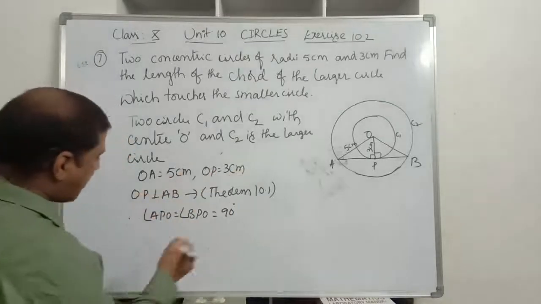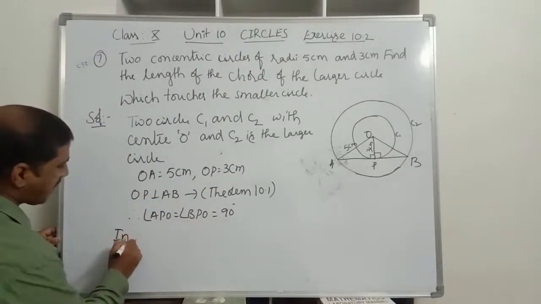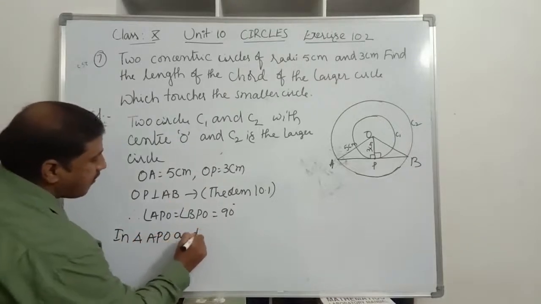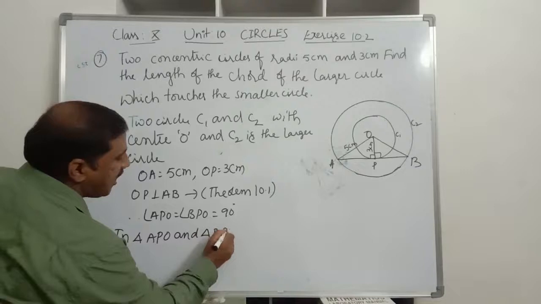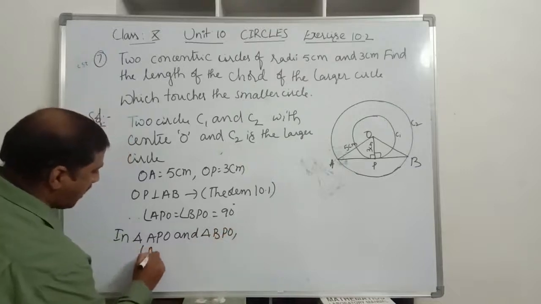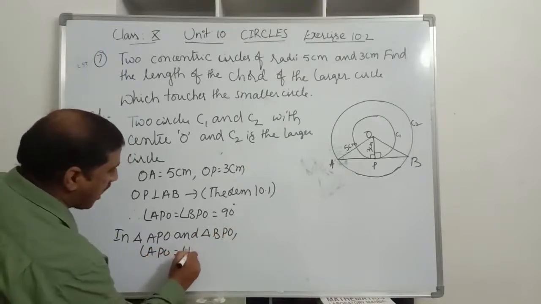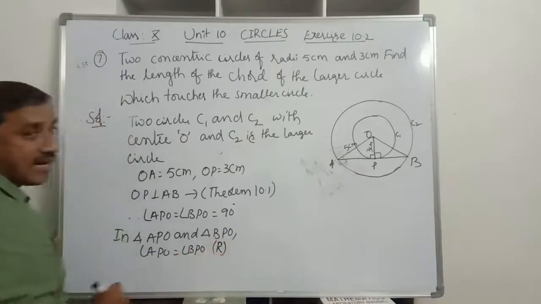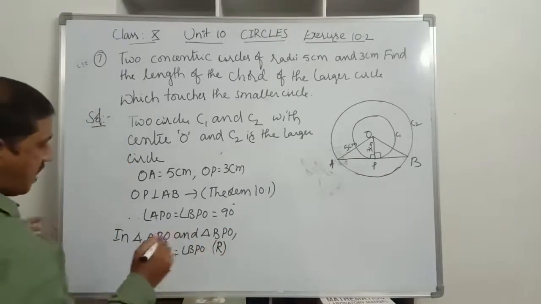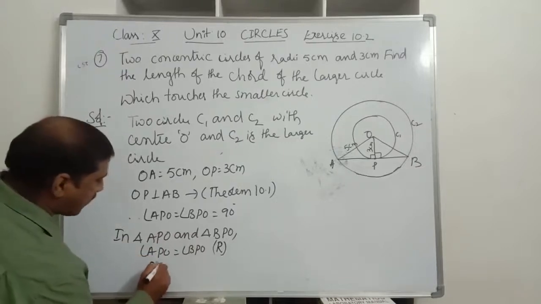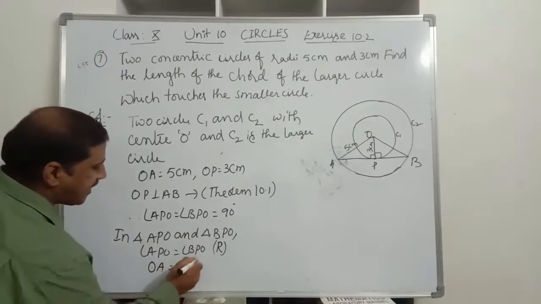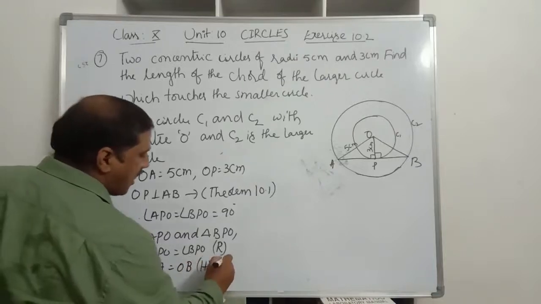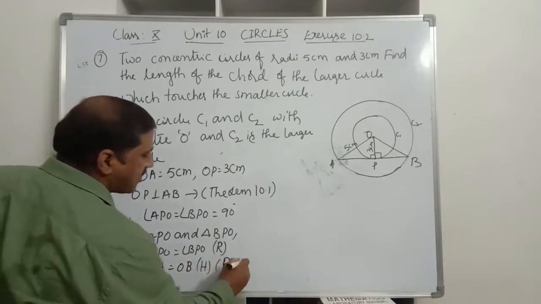Now, consider the two triangles. In triangle APO and triangle BPO, angle APO is equal to angle BPO, that is the right angle, 90 degrees. And OA is equal to OB, that is the hypotenuse. Why are they equal? Because they are radii of the larger circle.